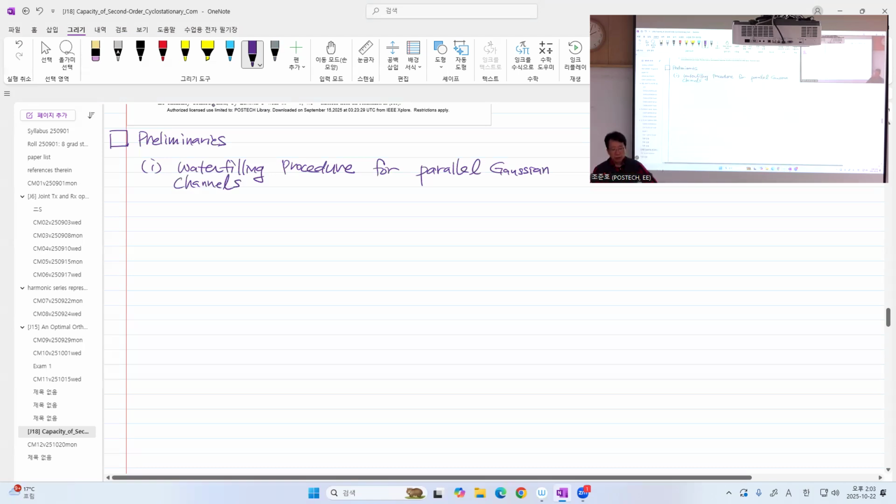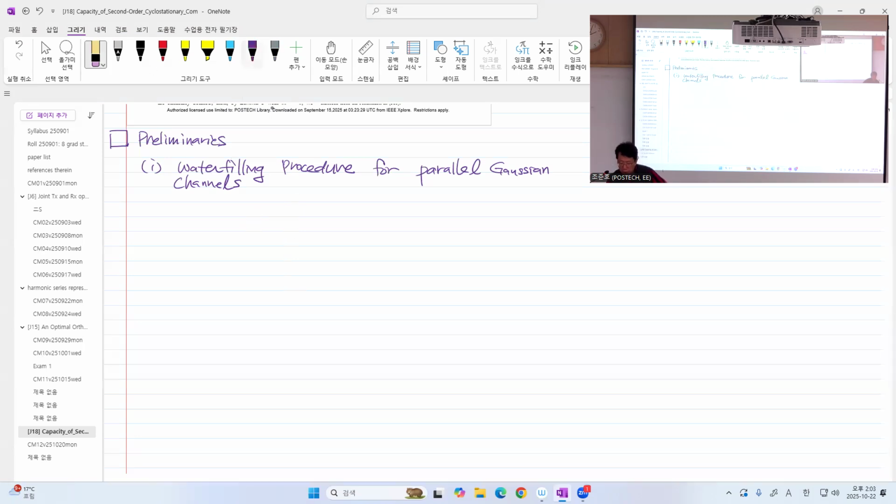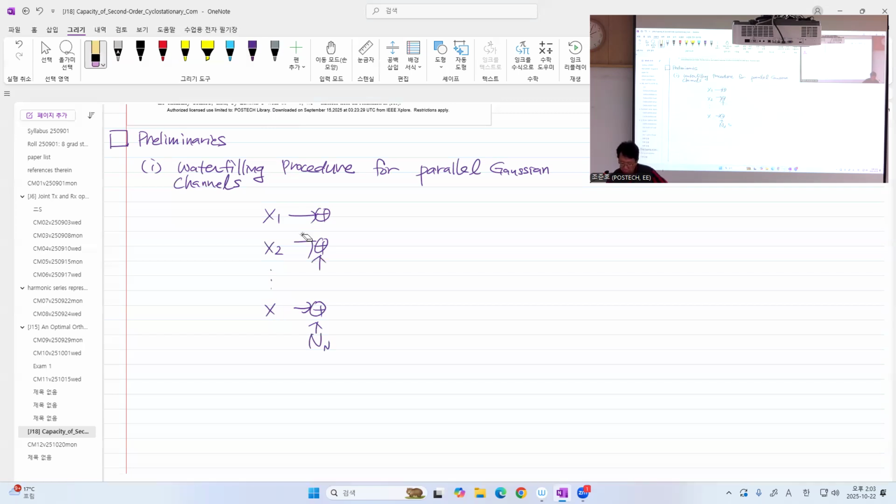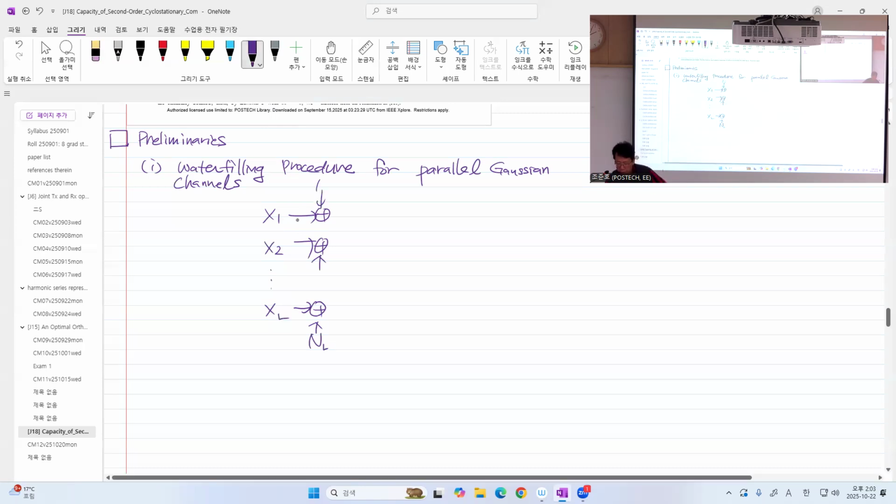So the problem looks like this. You have possibly vector valued input x, x1, x2, dot, dot, dot, xn, and you have additive noises, let me use m, l, and you have the outputs.